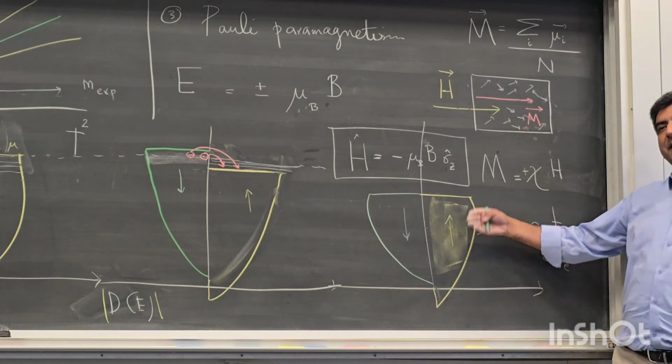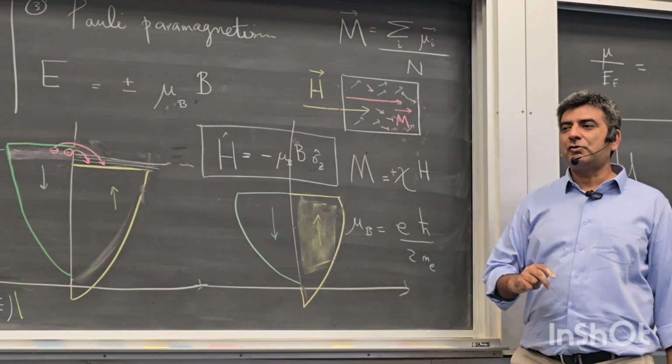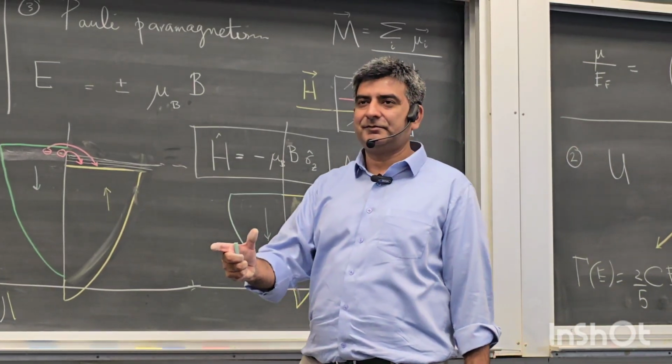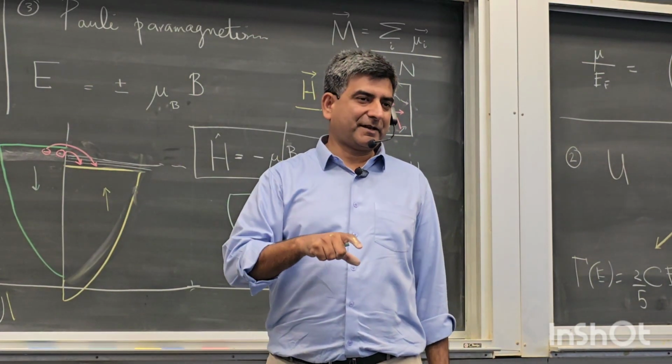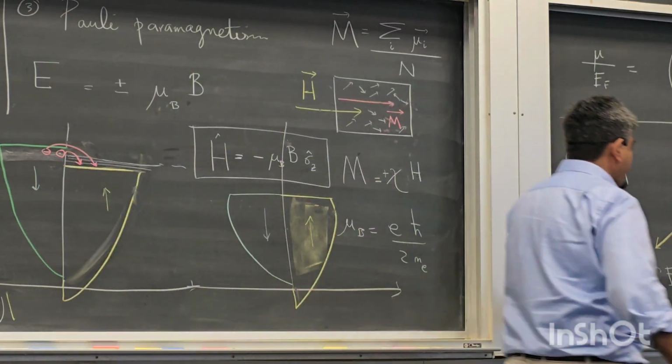So there will be more spin up electrons than spin down electrons. So a magnetization will develop. And we can calculate this magnetization. Let me show you how to calculate this magnetization.